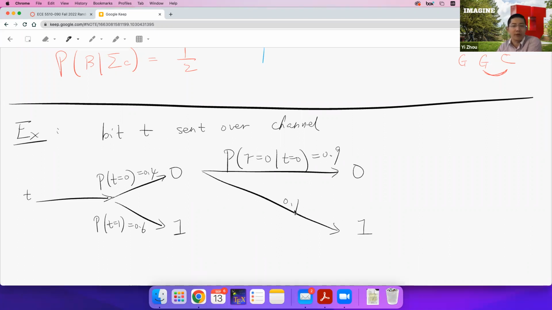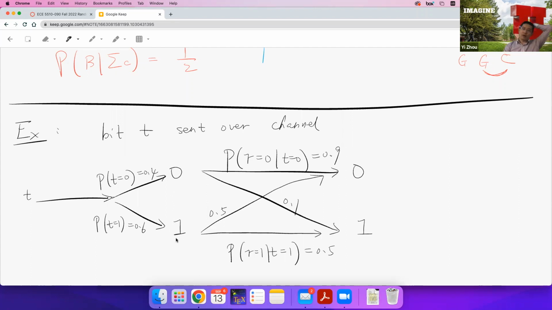These two are complementary. On the other hand, if we send out a 1, the probability that we receive 1 correctly is 50%, and the probability that we get a 0 is also 50%. These two are also complementary to each other.